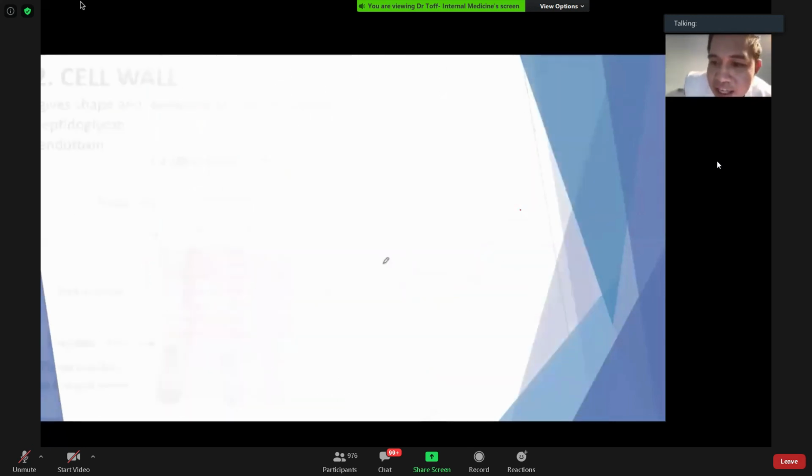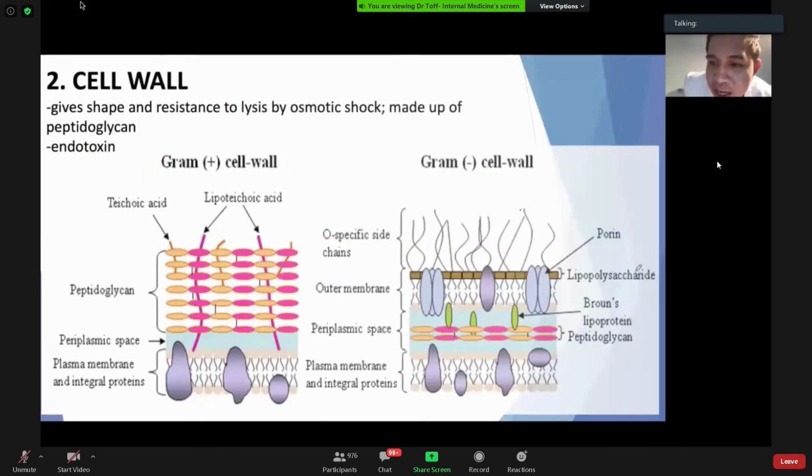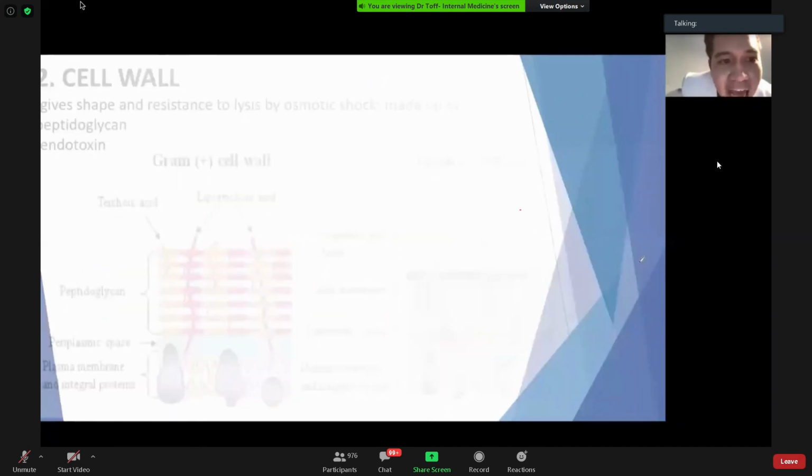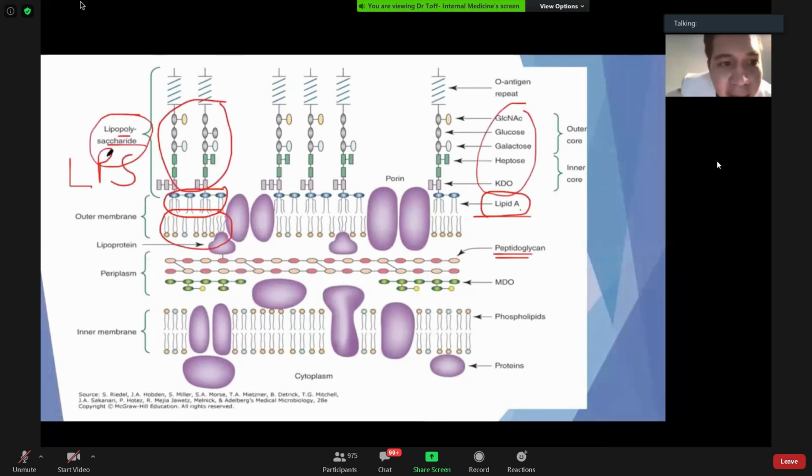Let's go back to the previous slide. Sabi ko sa inyo, remember the lipopolysaccharide layer or the LPS in the gram-negative because it contains the endotoxin. So, ito po yung pinalawak nating LPS layer. It contains polysaccharide and the lipid A portion. So therefore, pag tinanong kayo sa board exam, saan nakikita ang endotoxin?